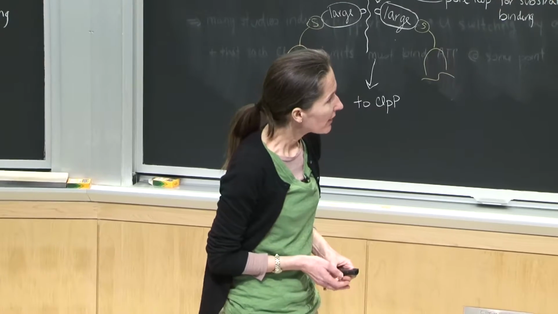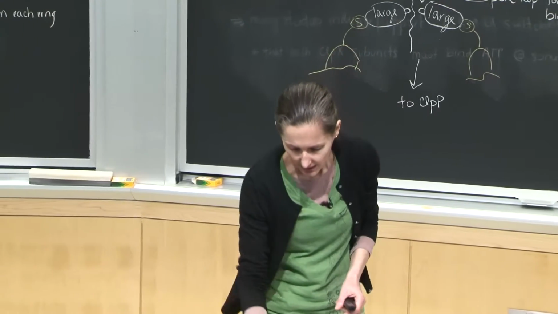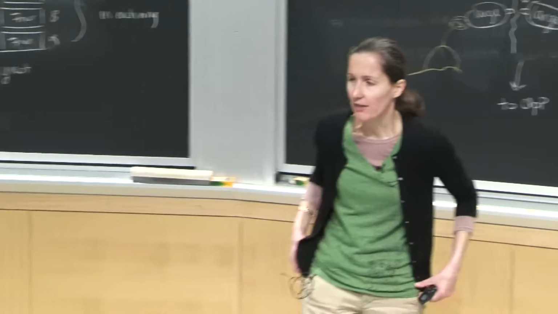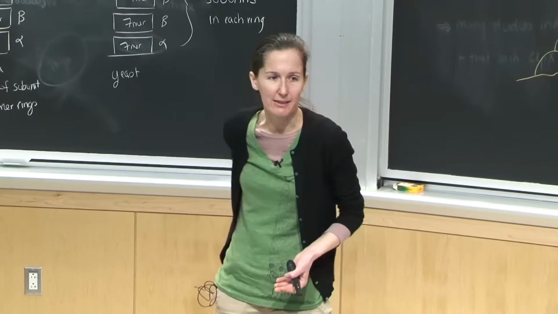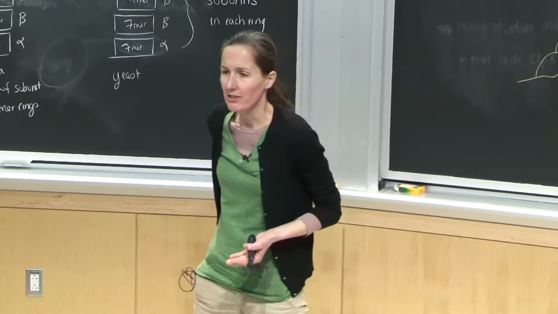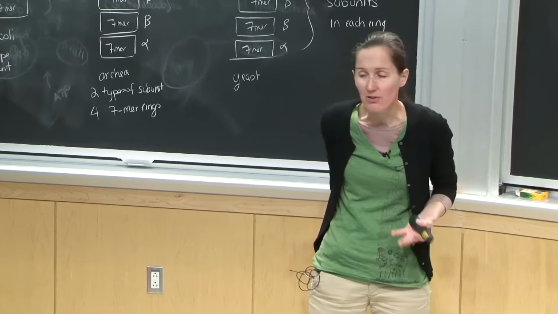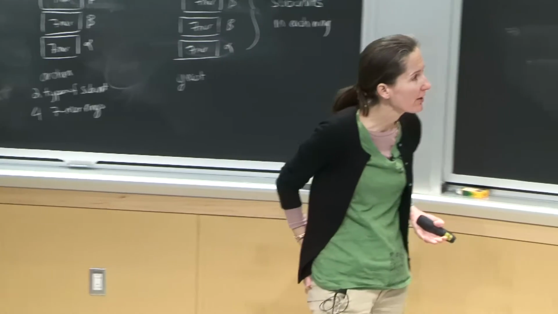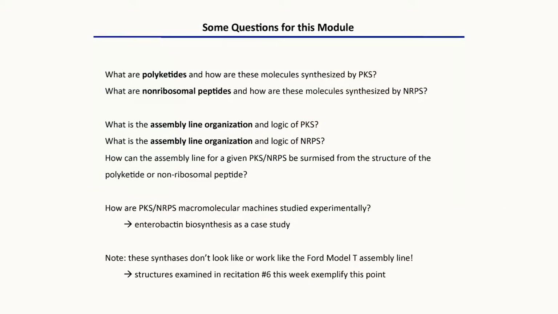So what are our questions for this module? I think for most everyone in the room, this module will contain the most new information from the standpoint of a new system compared to what we've talked about so far. What are polyketides, and how are these molecules biosynthesized by polyketide synthases?